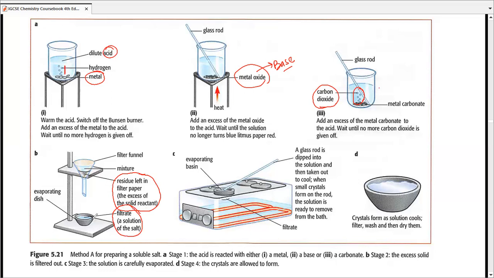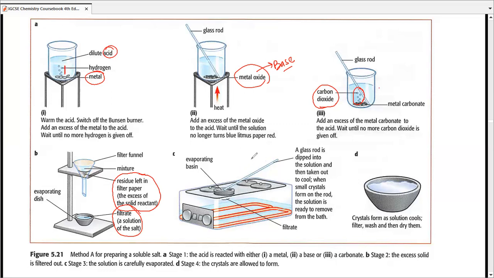We actually don't take the filtrate in a beaker, we take it in an evaporating dish or an evaporating basin, and we put it on top of a water bath. The water bath can be used for this purpose, and we can evaporate the whole of the excess solvent, the water.